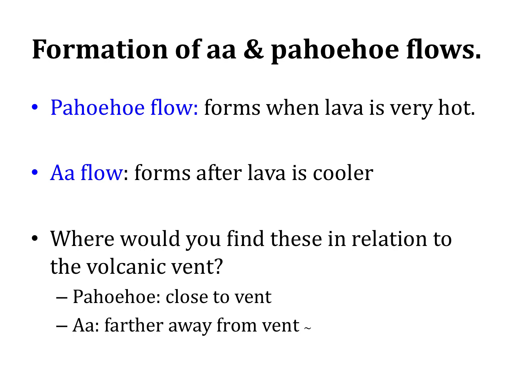So the reason that these two look so different from each other is because the pahoehoe flow forms when lava is very hot. That allows a very thin skin to form on the surface of the lava flow. The lava is very hot inside, so that skin that is in contact with the much cooler air is still very thin.